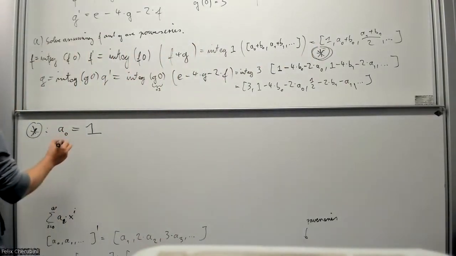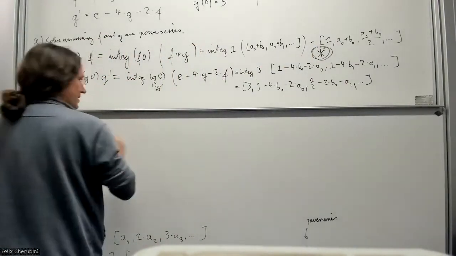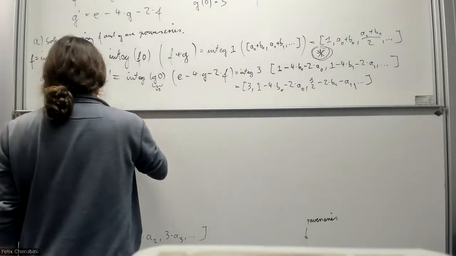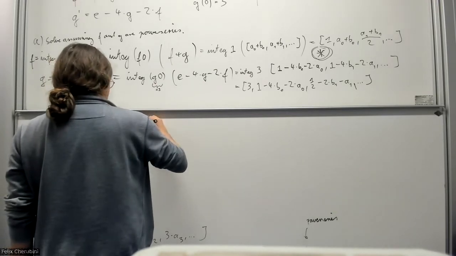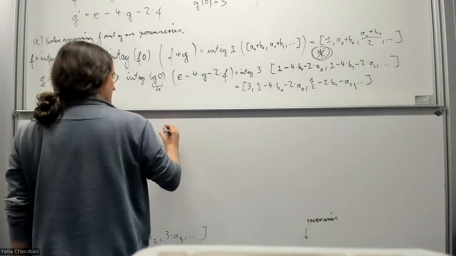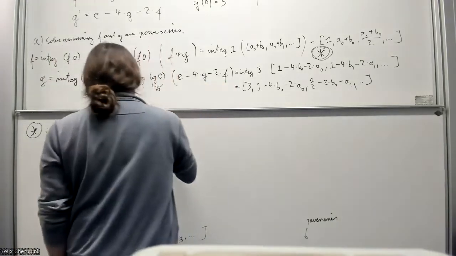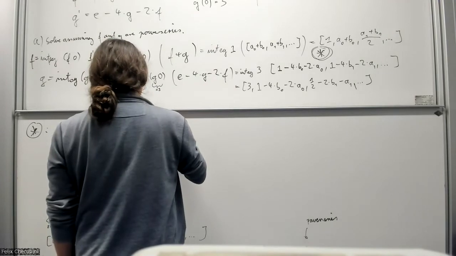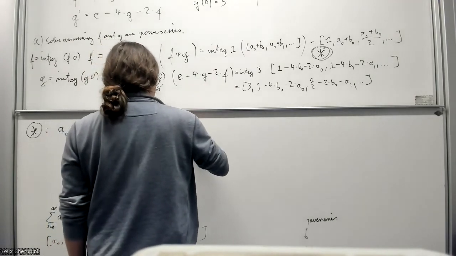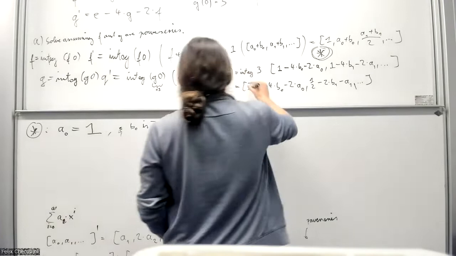And so the next one, I give a bit of a reason. B0 is 3 because, well, it's written here.